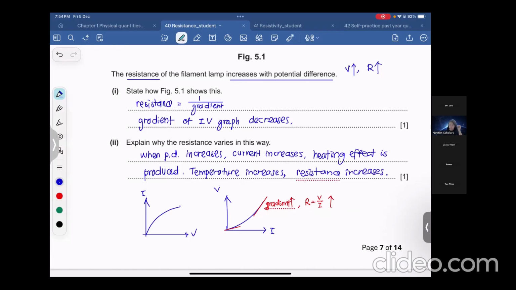So we have a few steps: current increases (1), then temperature increases (2), then resistance increases (3). Three things have to be mentioned. I add one more: the heating effect, because the current increase makes the temperature increase by producing a heating effect. Okay, 30 seconds for you to complete this part.